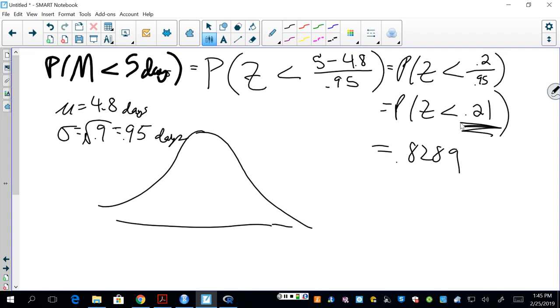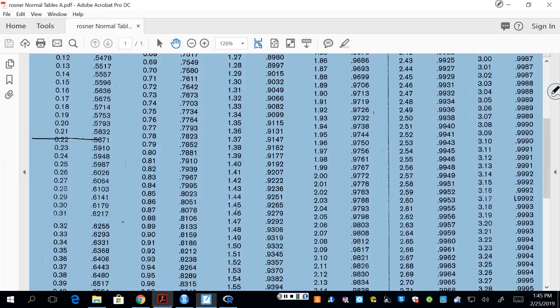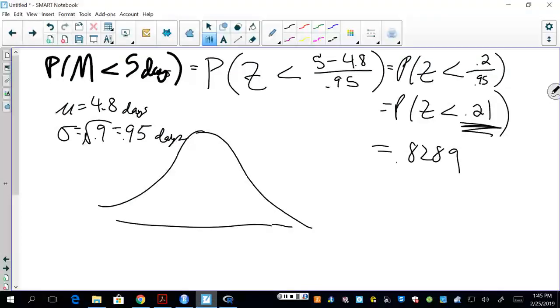Again, we're dealing with the decimals on this chart. We're looking at 0.21, and it ended up being 0.5832. So look at that, 0.5832 as an area.